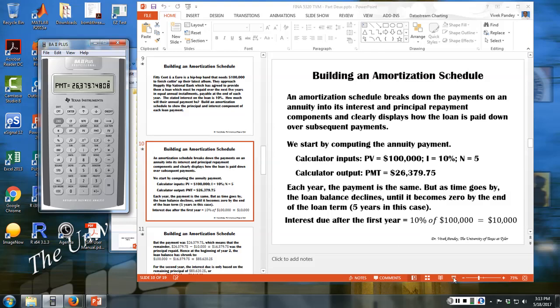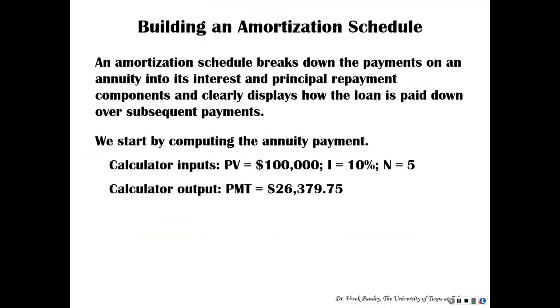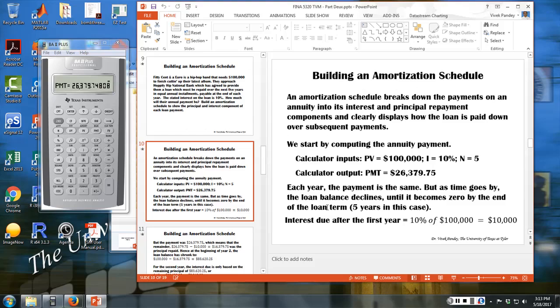So this is how the loan gets repaid over 5 years. At the end of each year for 5 years, you're going to pay 26,379.75 to repay the loan amount, right? That was the answer we just got. Let me make sure.